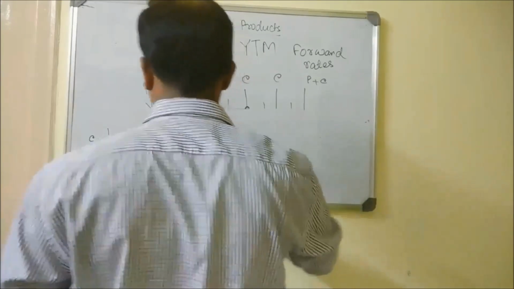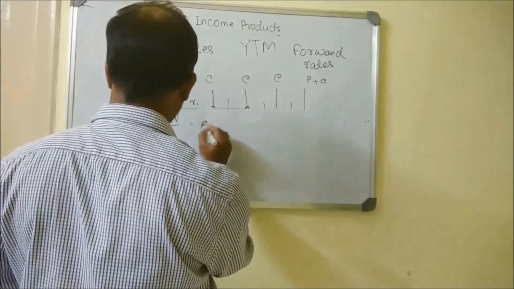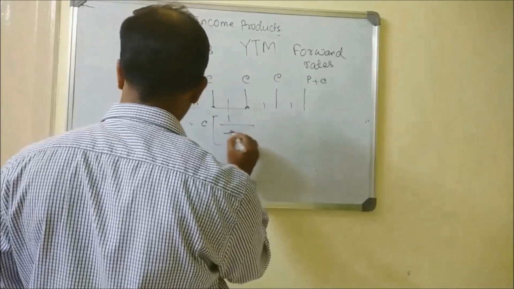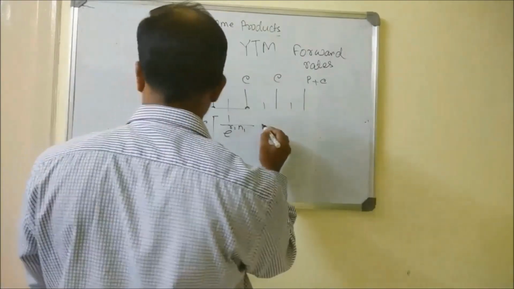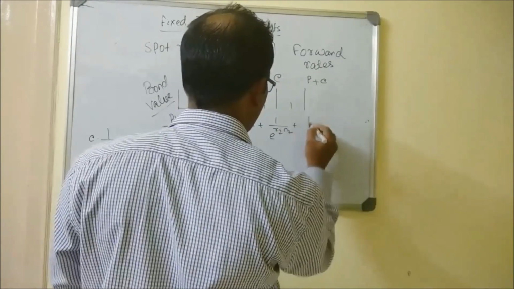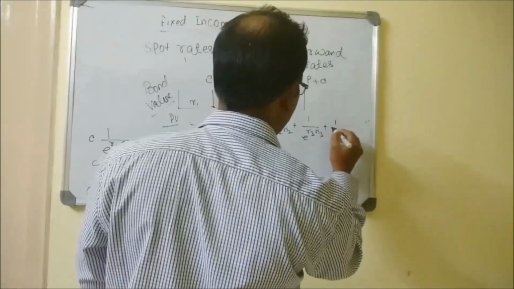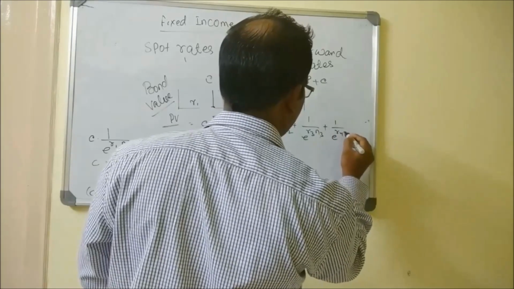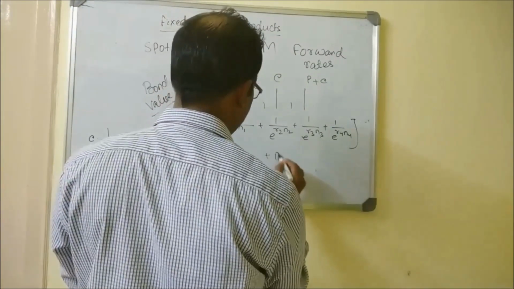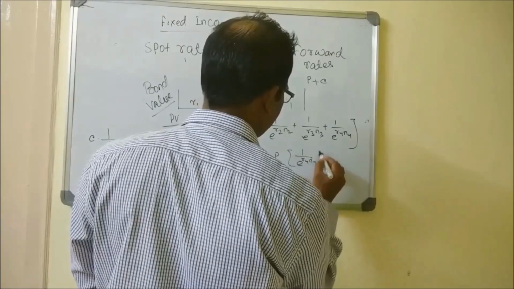Now if I summarize this, it becomes PV is equal to C, I will take out common, and it will be 1 upon e to the power R1 N1 plus 1 upon e to the power R2 N2 plus 1 upon e to the power R3 N3 plus 1 upon e to the power R4 N4, plus P into 1 upon e to the power R4 N4.